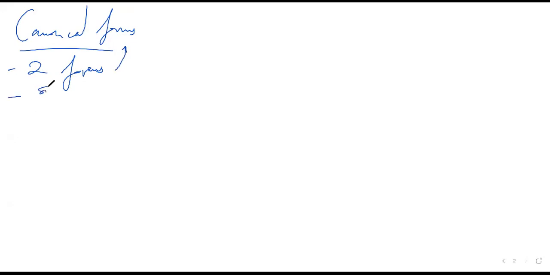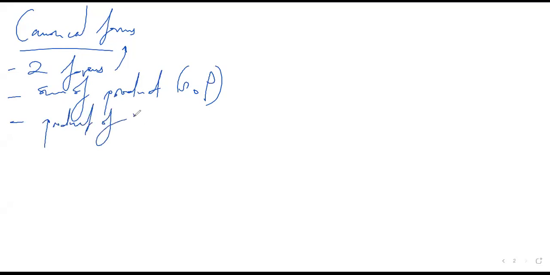We have the sum of products, SOP, and the product of sums, POS. These are the two canonical forms.